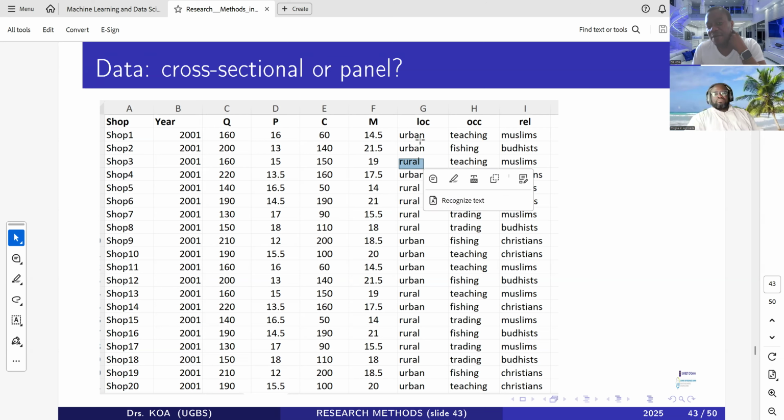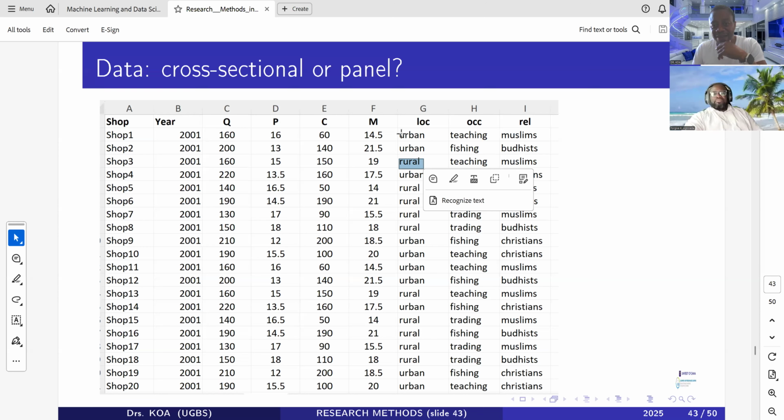That kind of variable, where you have one being something and the other being the other, where the one is the presence and the zero is the absence. So you can let urban be 1 and then let rural be 0. Such kinds of variables are known as dummy variables, categorical variables.